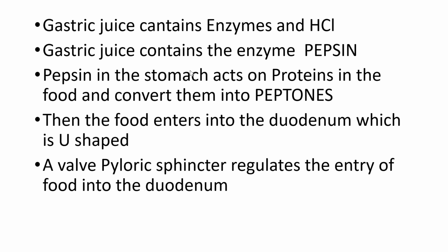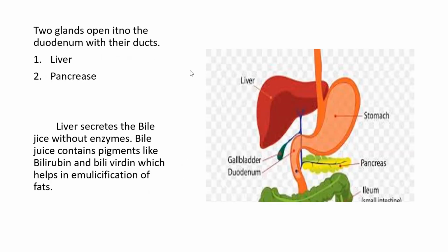Then the food enters the duodenum, which is U-shaped. A valve is present between the stomach and duodenum, called the pyloric sphincter. This pyloric sphincter regulates the entry of food into the duodenum.